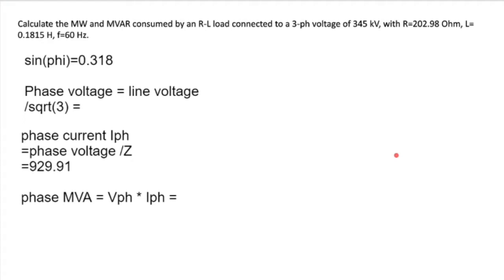That's megawatt unit, and now you calculate per phase megavar, which is phase MVA times sin phi.